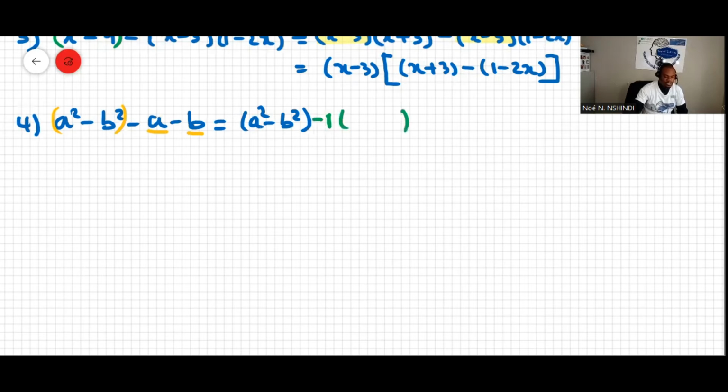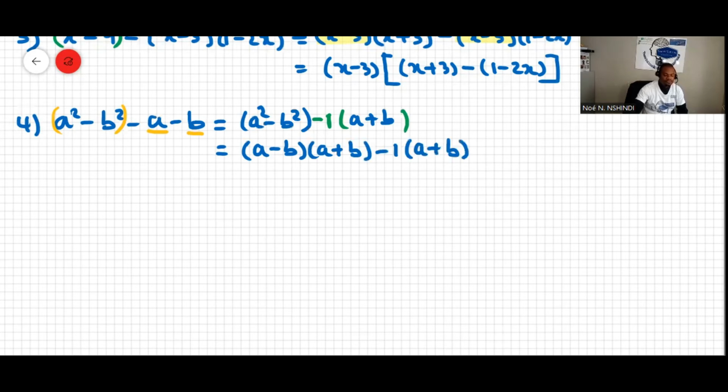it will be a plus b there, and then a squared minus b squared are a difference of two squares, so this will be like a minus b, and then a plus b minus 1 a plus b.